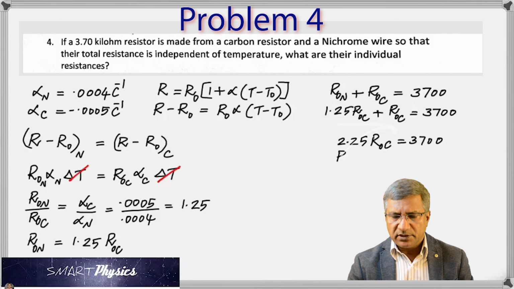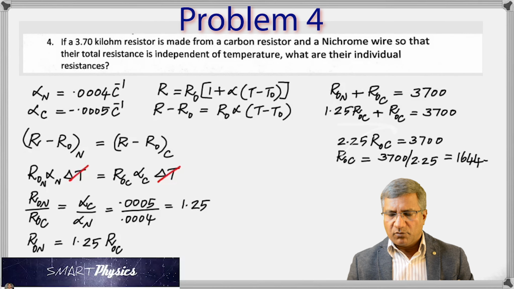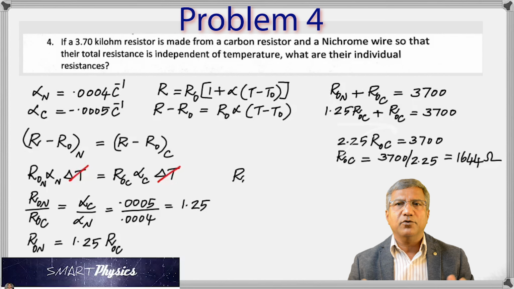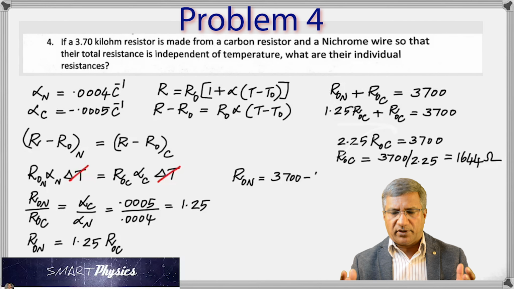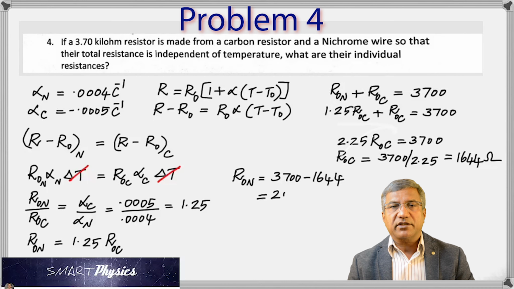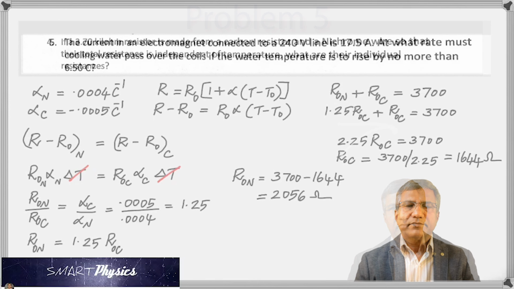That gives the value for the original resistance of carbon as 3,700 by 2.25, which is 1,644 ohms. Now, once we know the original resistance of carbon, we can take the difference and find that of nichrome. So that's how we work out this problem.